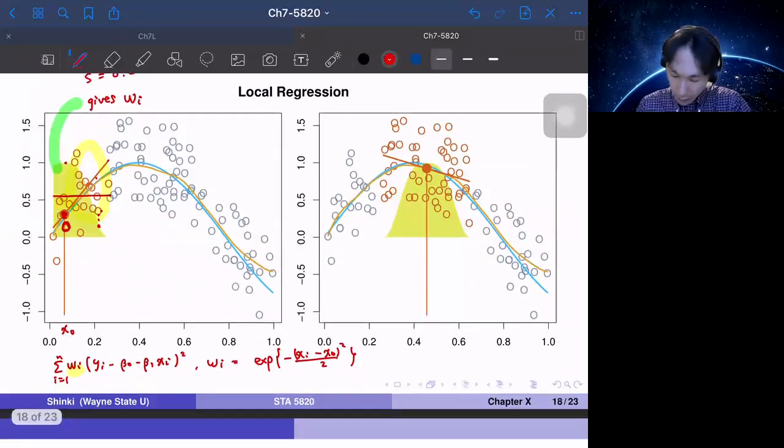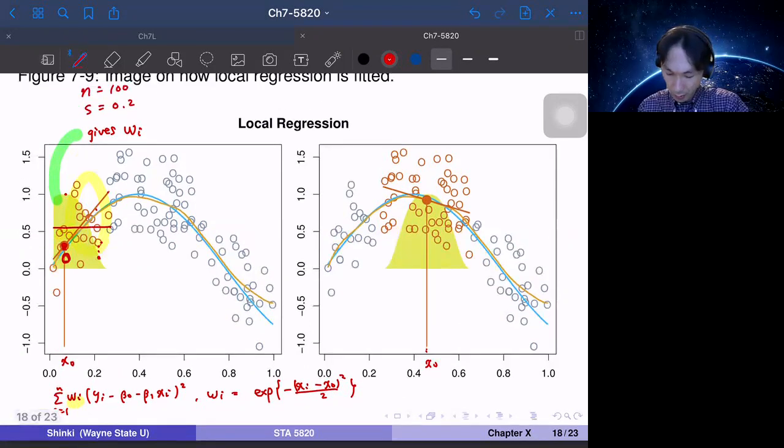Here we have a different x naught, and still we take the closest 20 observations. Oh, I think the proportion is higher here. It seems we took 50% of observations here. So maybe this regression model and this regression model are different. This is s equal to 0.2, and this is probably s equal to 0.5.